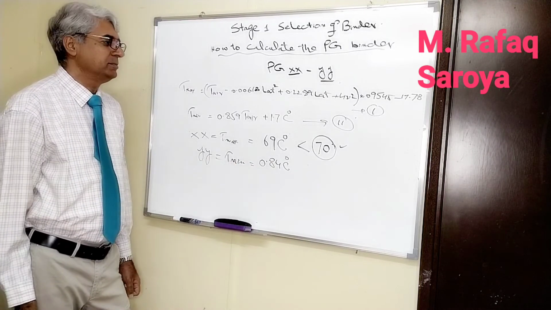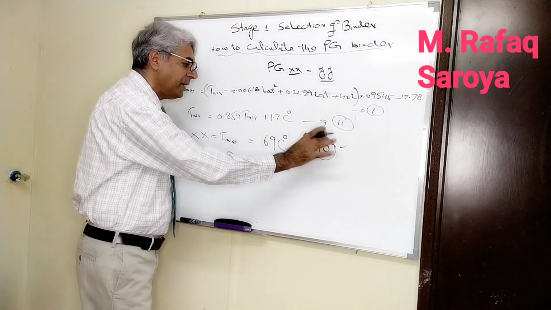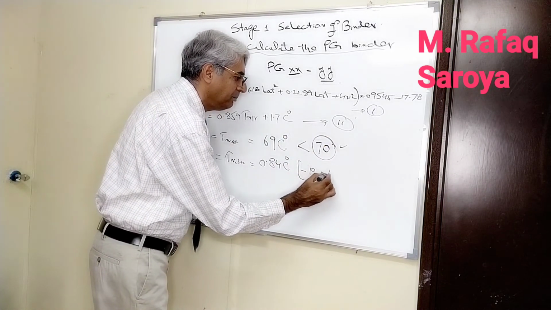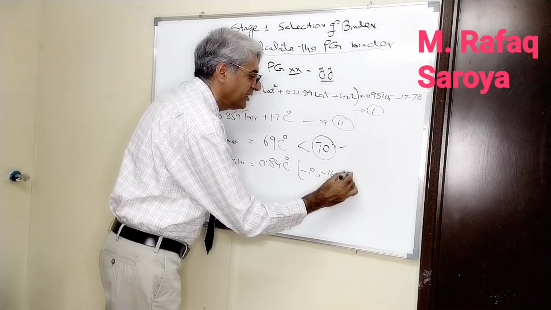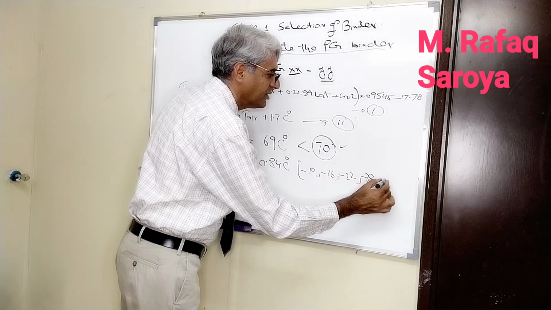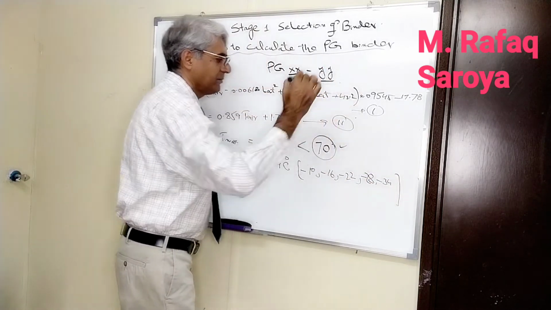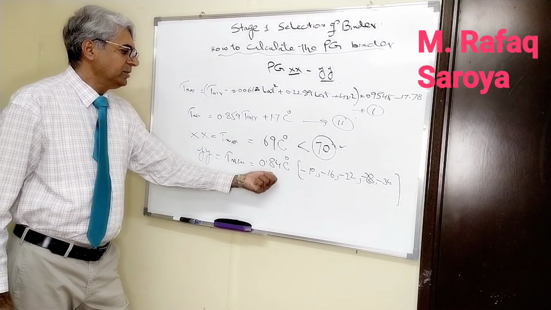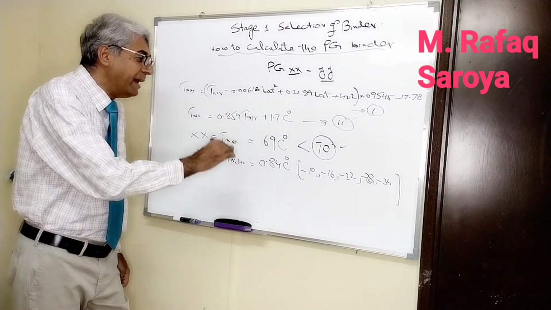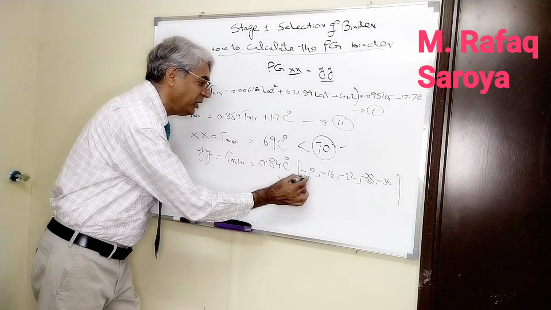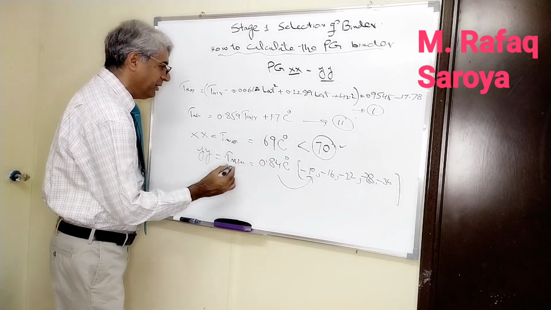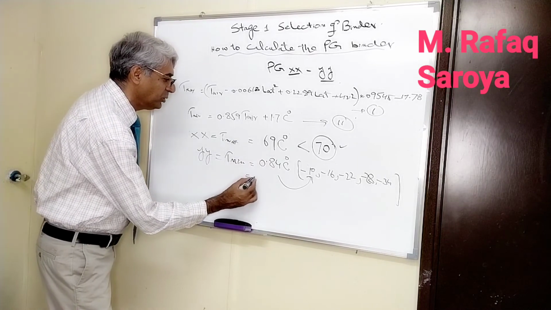For the minimum temperature, the available ranges are -10, -16, -22, -28, -34 and so on. Since the minimum value comes out to be 0.84, we select the nearest value available, so our YY value is equal to 10.